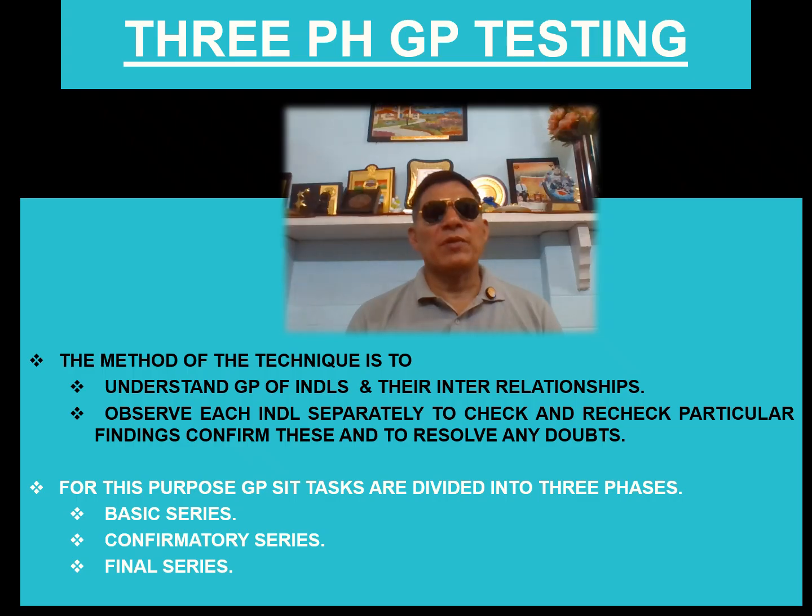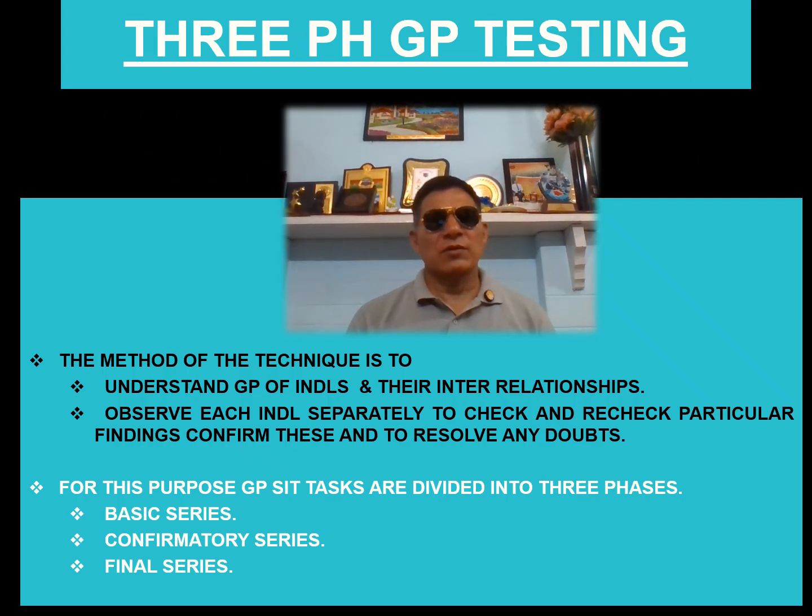In the basic series, the assessor looks at how you function and makes his assessment of the individual. Whatever doubts he has, he confirms in the confirmatory series, and in the final series, he makes the decision whether he wants to take the particular candidate, or does not recommend him, based on his assessment and the candidate's performance.